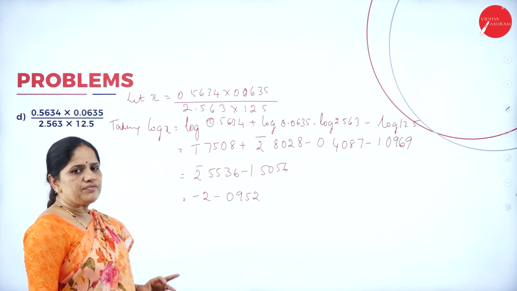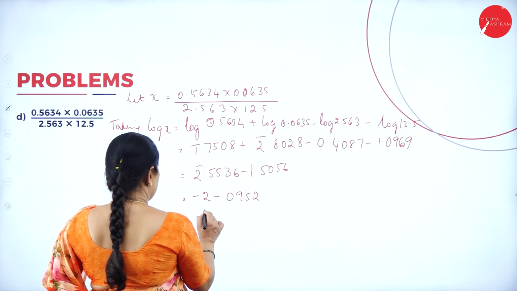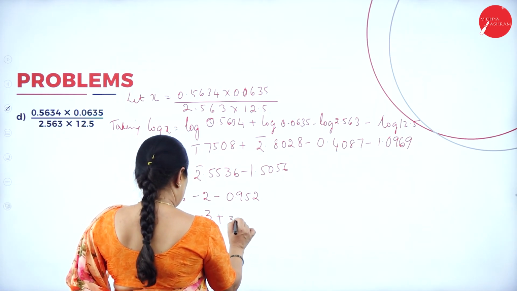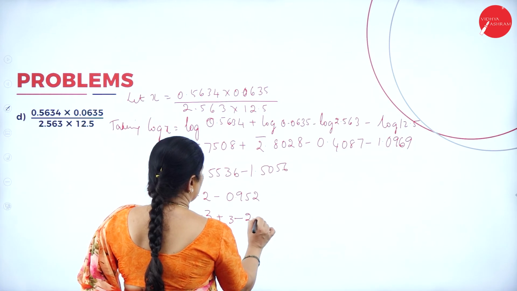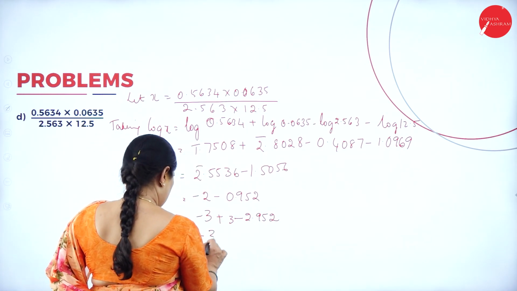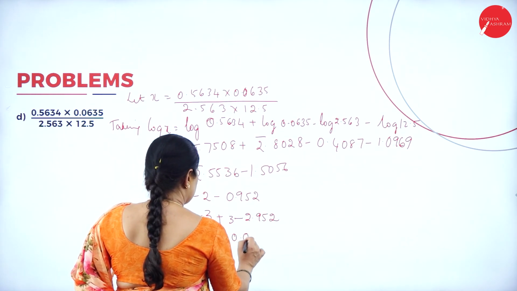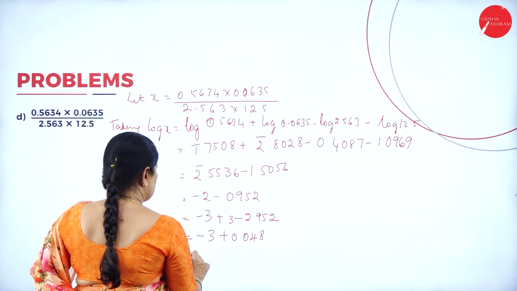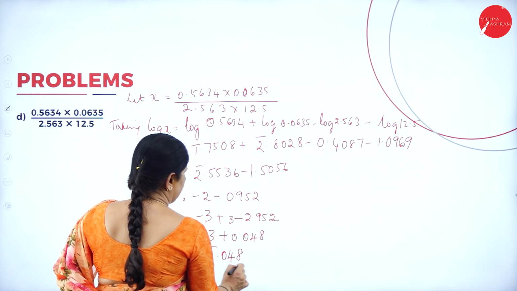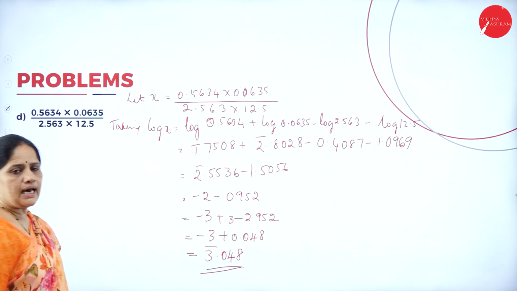Now when I simplify this further, this will be equal to minus 3 plus 3 minus 2.952. So this will be equal to minus 3 plus 0.048. So the answer will be 3 bar 0.048. So this is the answer.